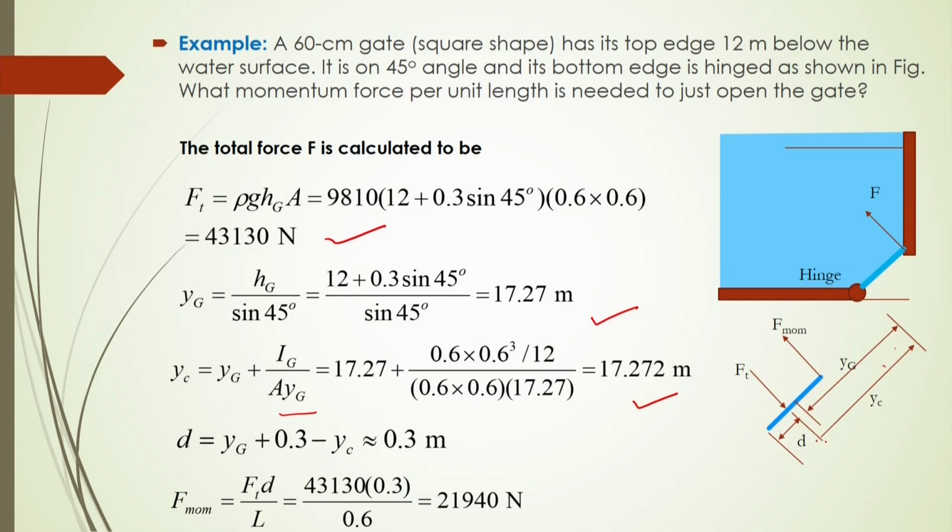If you subtract this y c from the total length, then you will be able to calculate the d value, the gap at which this force is acting on the gate. So, d will be equal to y g plus 0.3 minus y c, it will be 0.3 meter, and in that case the moment will be equal to F t into d by L. So, it will come to 1940 Newton.